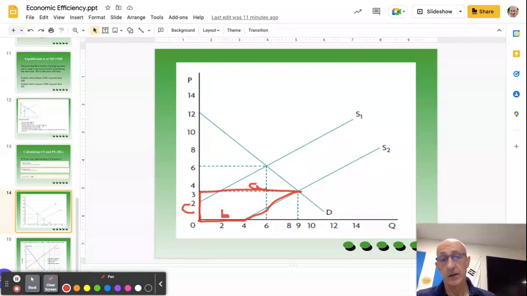So 19.5 will be this area here for the producer surplus.